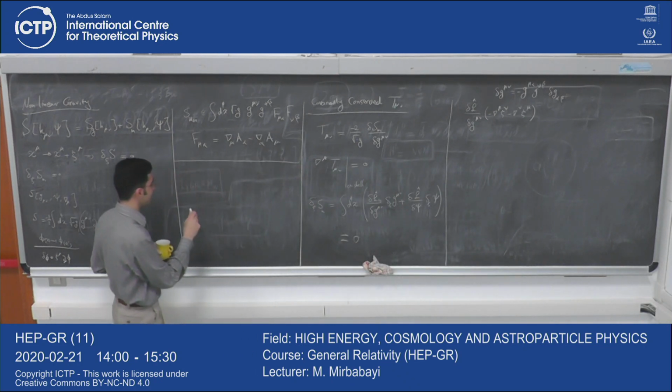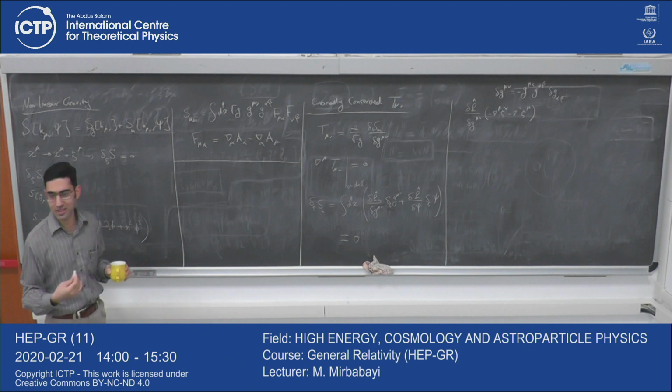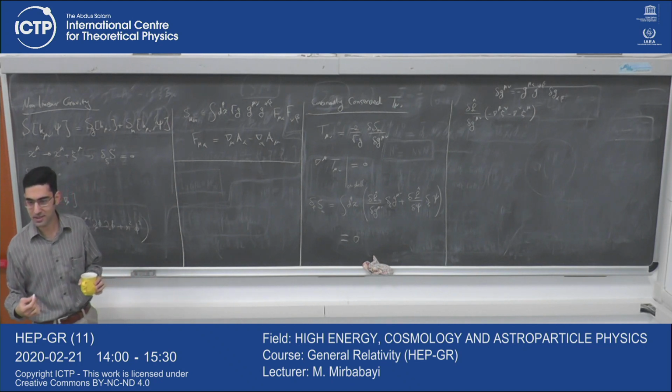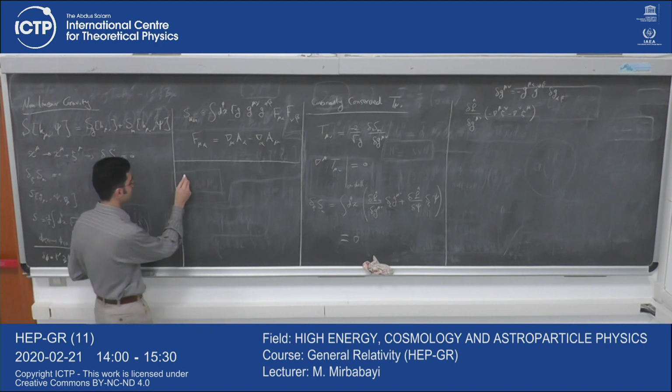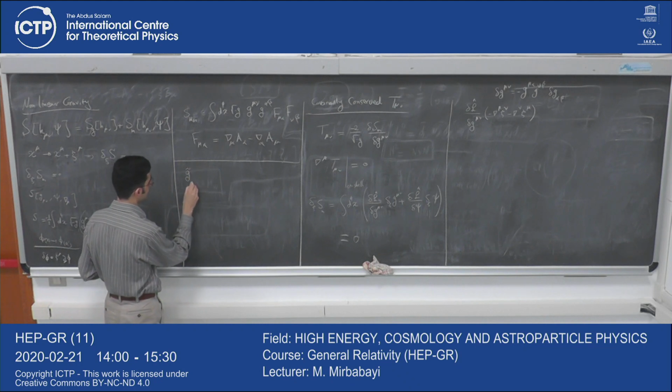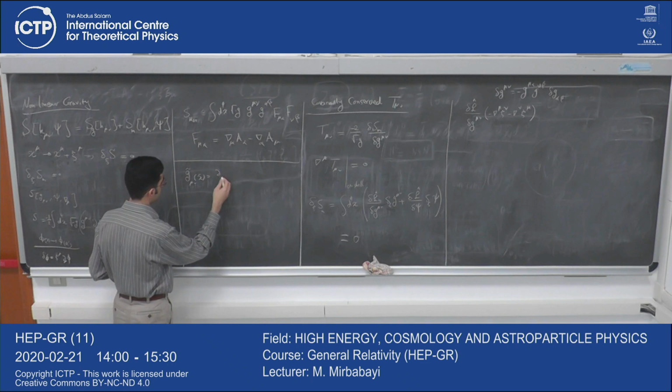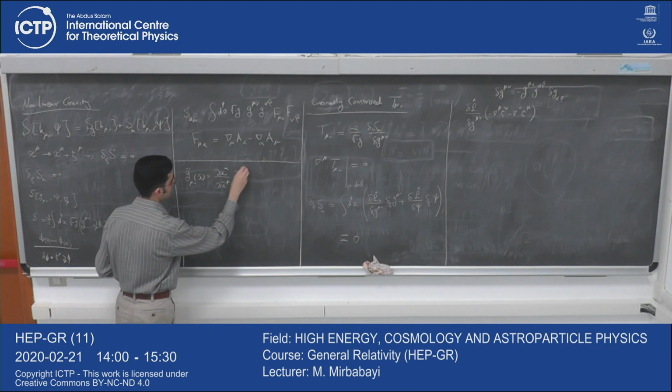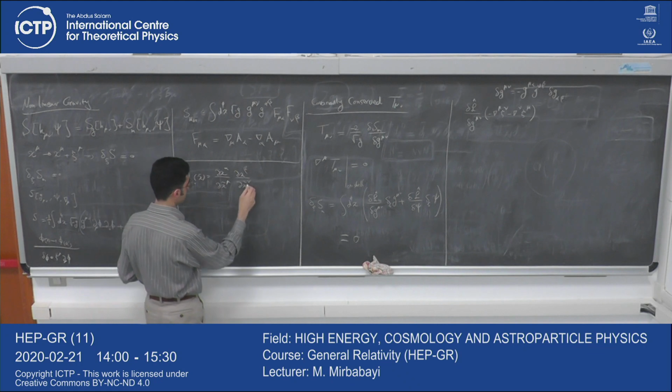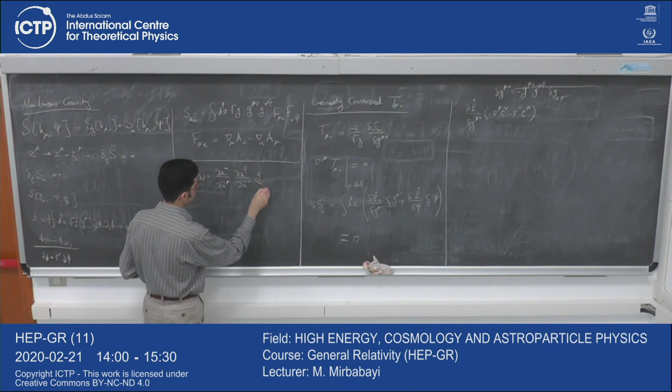g mu nu is a tensor, right? So you know what the transformation properties of g mu nu are. g tilde mu nu of x tilde is equal to dx alpha over dx tilde mu, dx beta over dx tilde nu, g alpha beta of x.